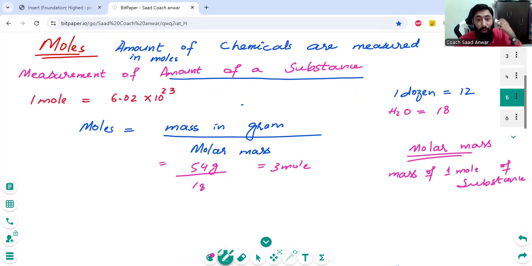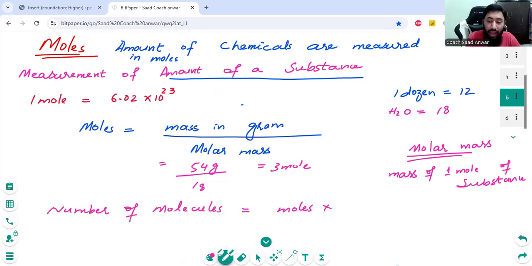Now the next thing I want to calculate is how many water molecules. It is a formula. Remember, number of molecules is equal to moles times Avogadro number. What is Avogadro number? This is the Avogadro constant. So there are 3 moles as we have calculated.